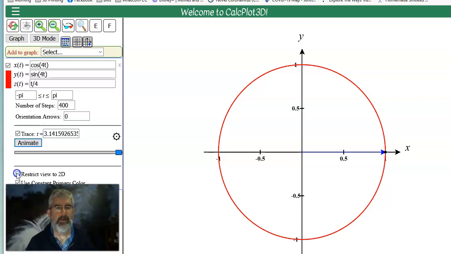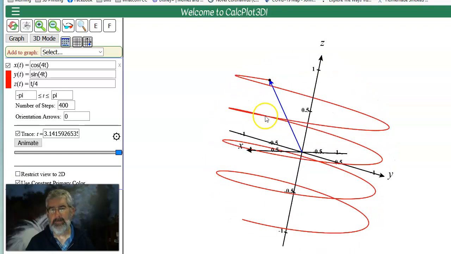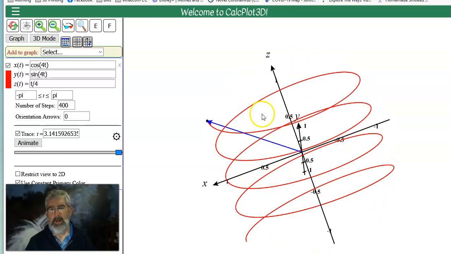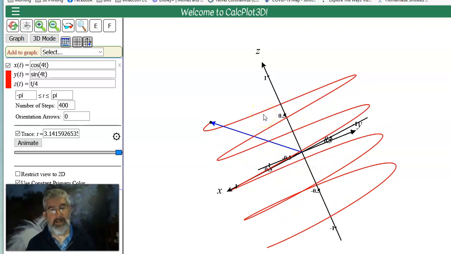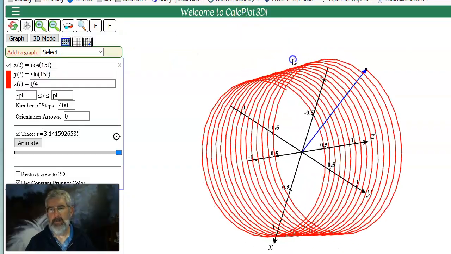In 3D, we certainly do notice the difference with this thing being a helix. But one thing I've learned is that I can get more wraps, right, by just changing these numbers. So I could get 15 wraps around here. Right? Really tight spiral.